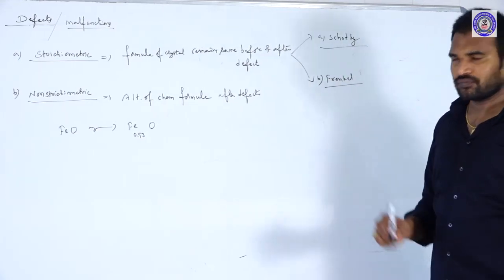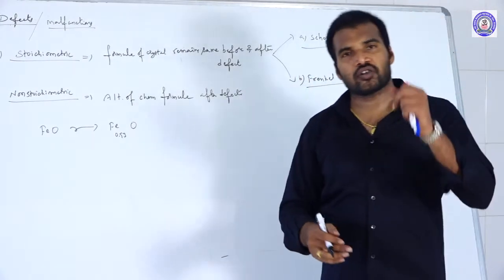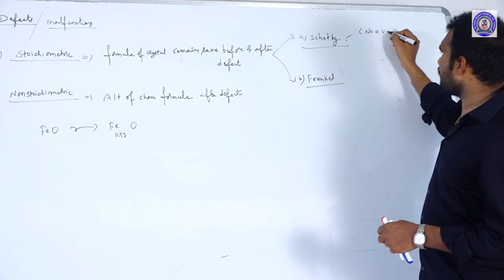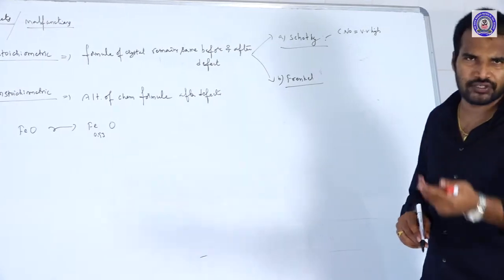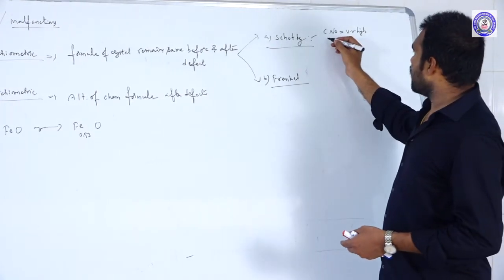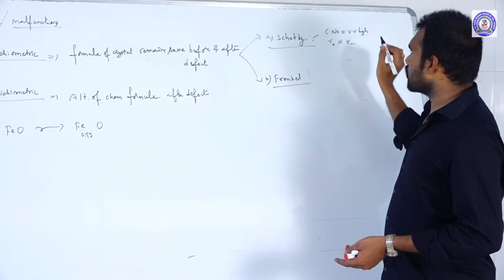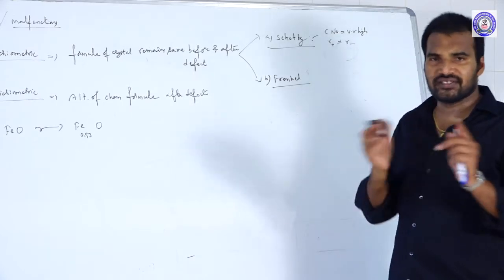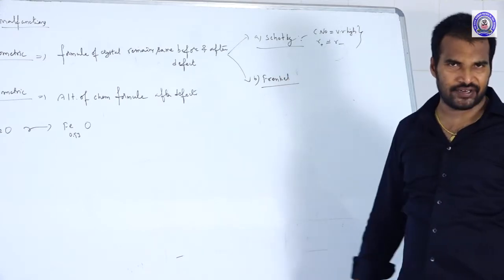First of all, where is the Schottky defect observed? The Schottky defect is observed in crystals where the coordination number is very high, like coordination number 8 or 12, and the size of cations is almost equal to the size of anions. That means the radius of cation and radius of anion are almost the same. In this case we observe Schottky defects.